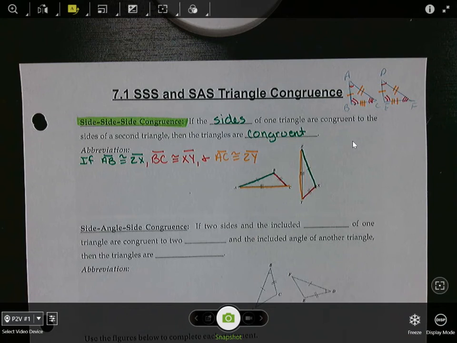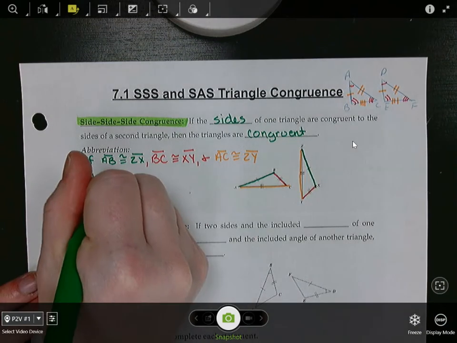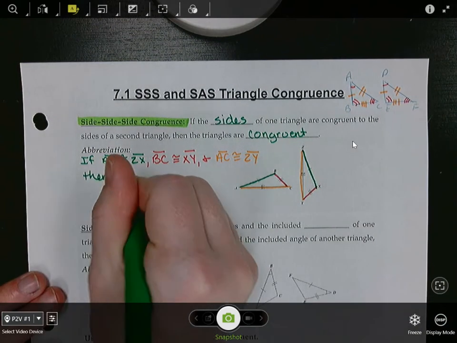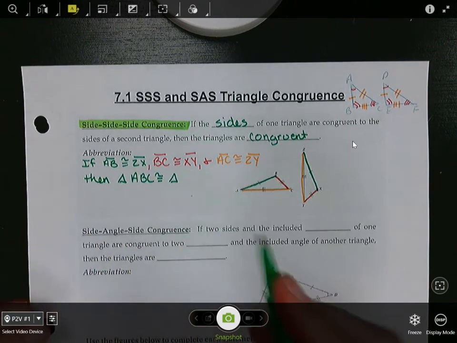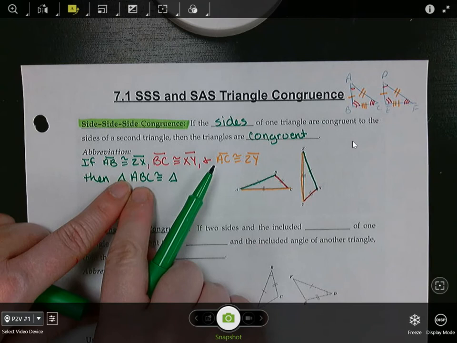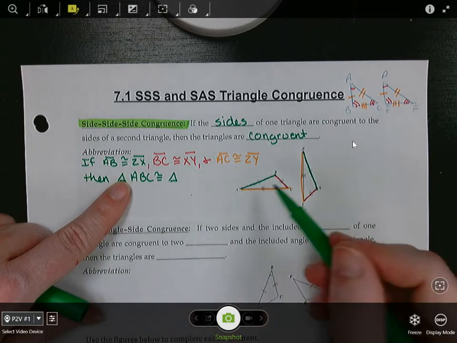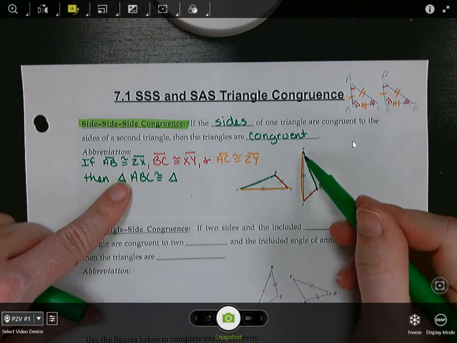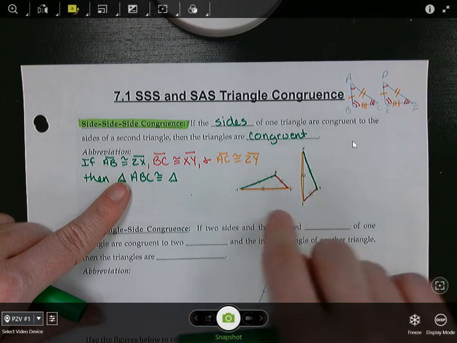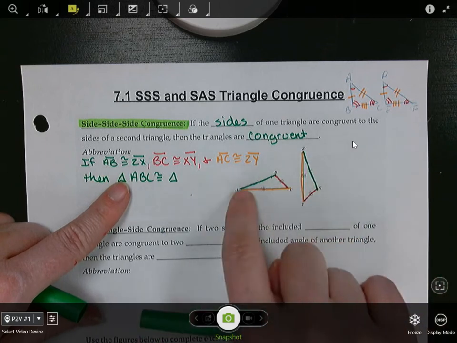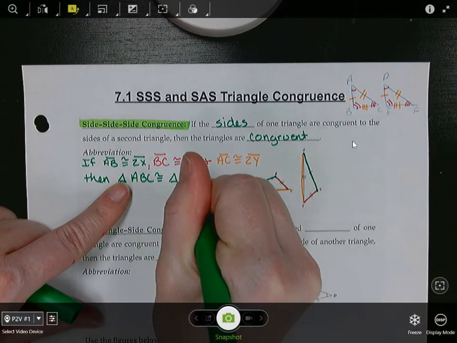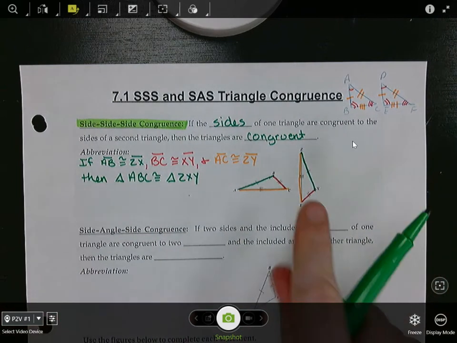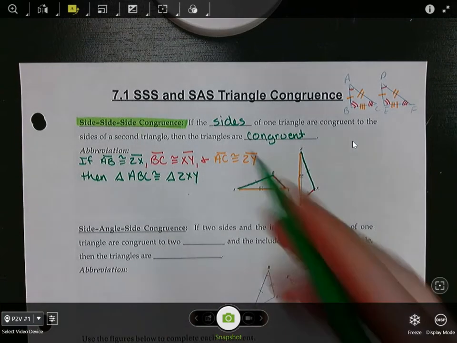Then that means that the two triangles are congruent. Triangle ABC is going to be congruent to triangle, ZX would need to go first. Okay, so here's AB, ZX, see how they're both green? And then I went ABC, so I went green and red, so ZXY. The highlighting part really helps when you're writing your congruent statement.